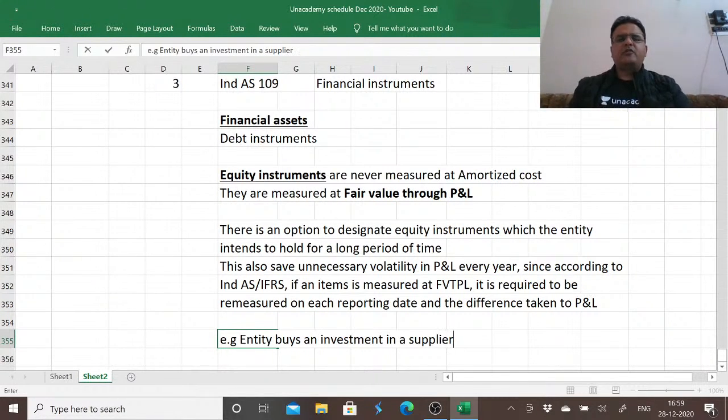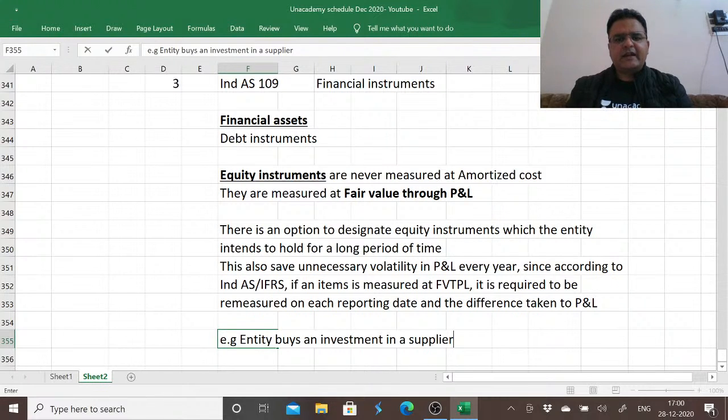The purpose of making this investment was not to gain out of the investment, but to have an influence on the supplier so that they continue to supply goods to us, so that we continue to thrive in our own setup, in which we need the support of the supplier. So we may have invested this for having an influence on the supplier. Since the intention is not to gain out of this investment, this difference being taken to P&L is causing unnecessary volatility.